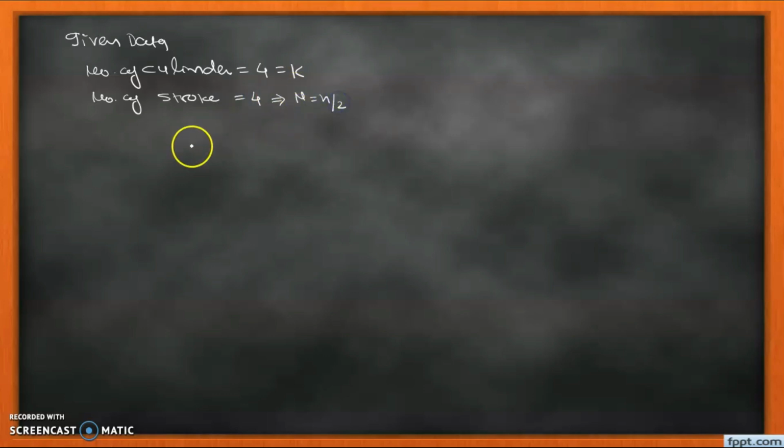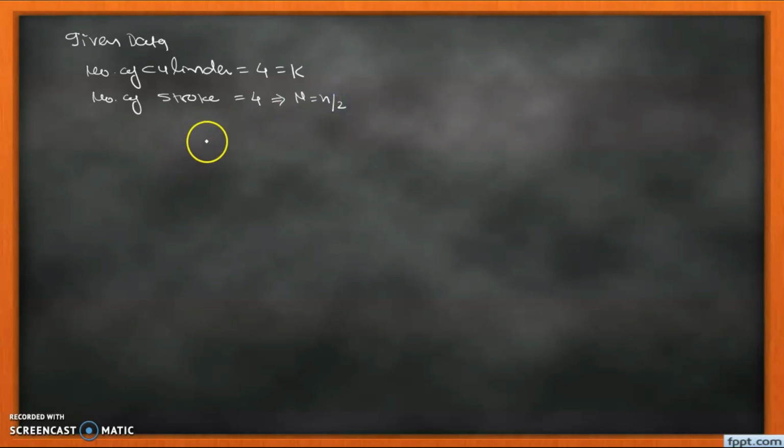The number of cylinders is 4, and generally we indicate it by K. The number of strokes in the engine is also 4, so we need to take capital N equals small n divided by 2.